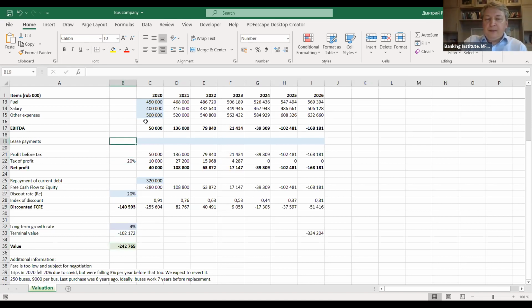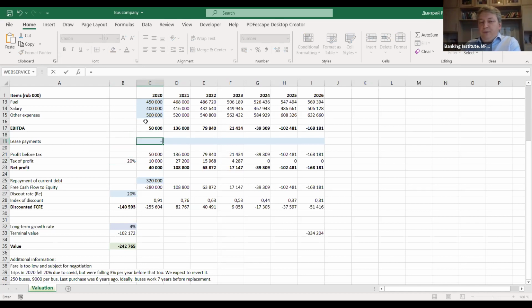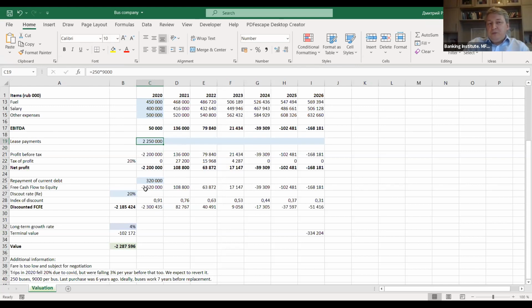Because now we should think about what we operate. We have old buses. Those old buses have to be replaced, right? And we will have to pay for those buses. How much? To buy all new 250 buses, we will have to pay 9 million per bus. So we would have to pay 2 billion rubles. But of course, we will not do this this way. We will smooth these payments through the whole life cycle of the bus.